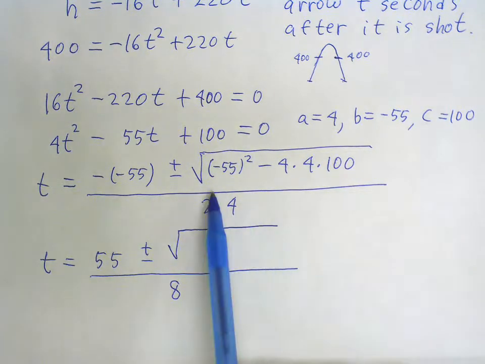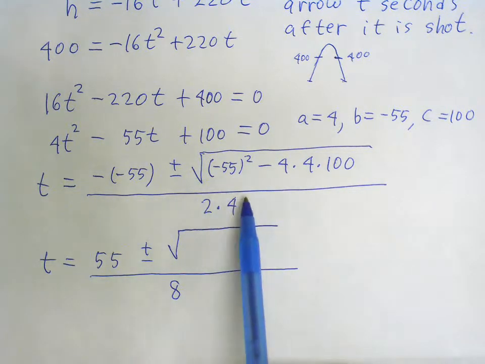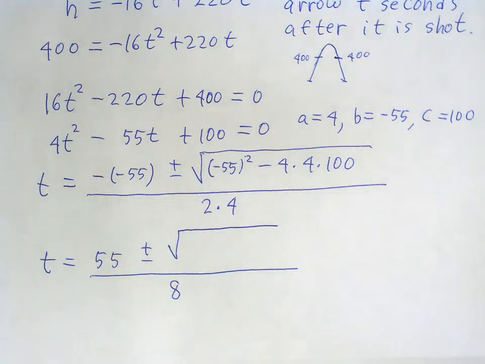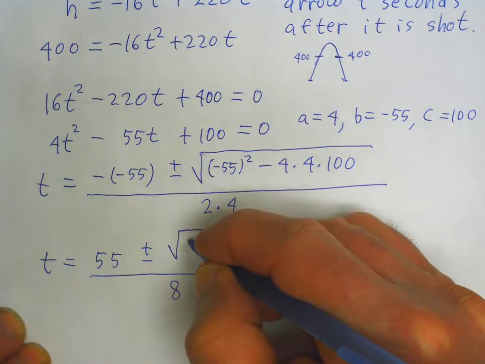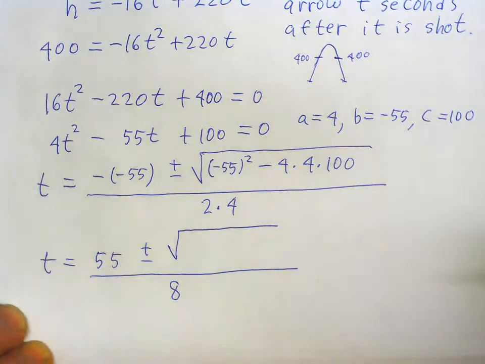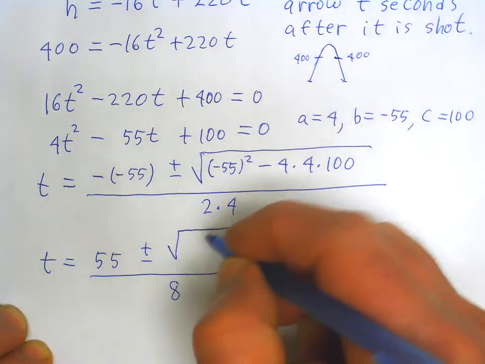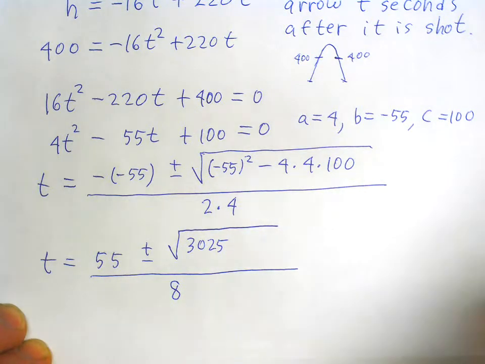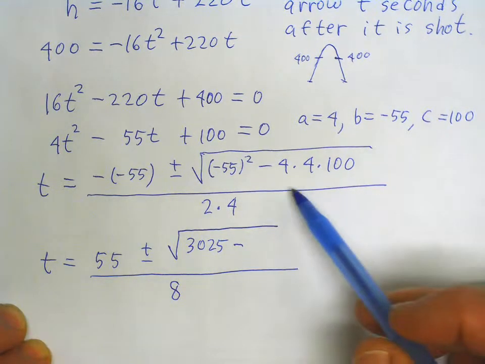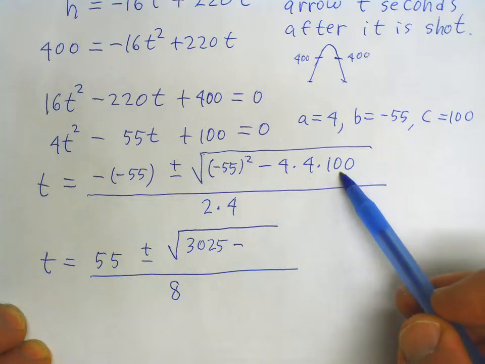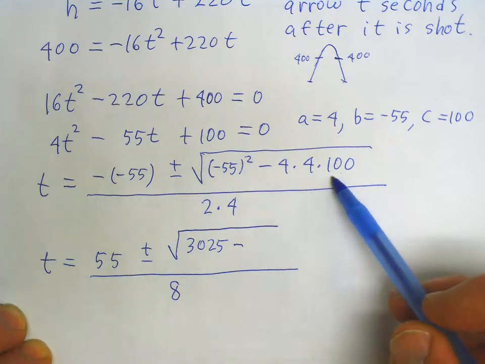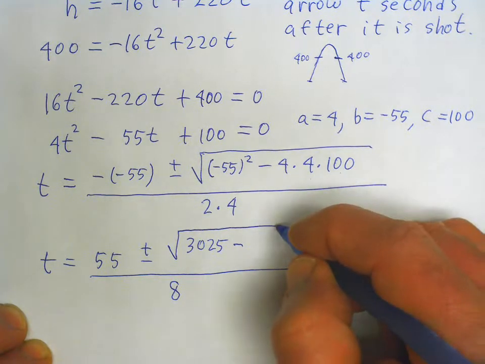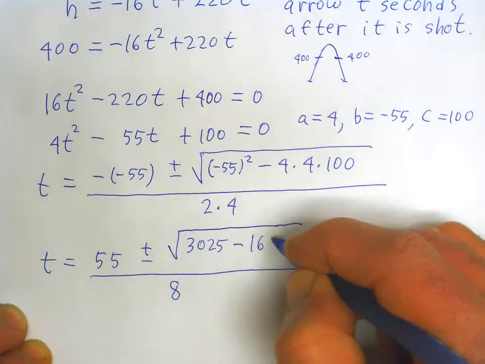Okay, the number negative 55 squared, using a calculator, you can find that that's equal to 3,025. And from that, we are subtracting 4 times 100, or 16 times 100, which is 1,600.